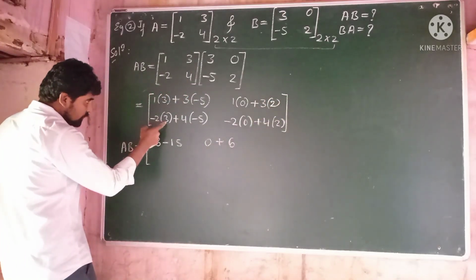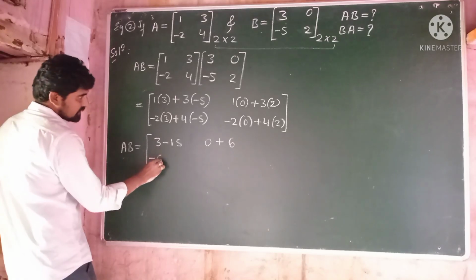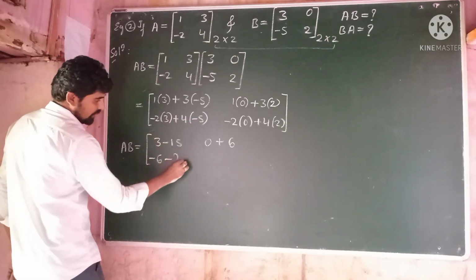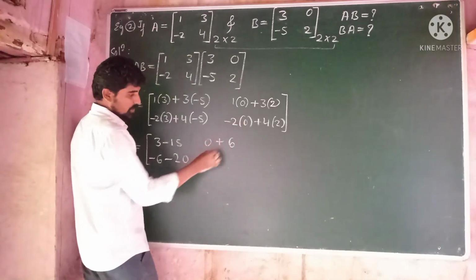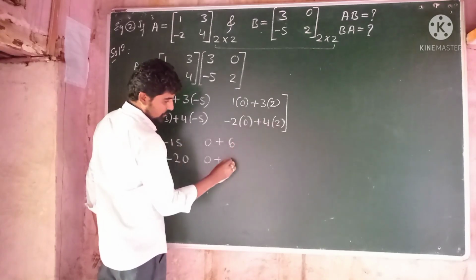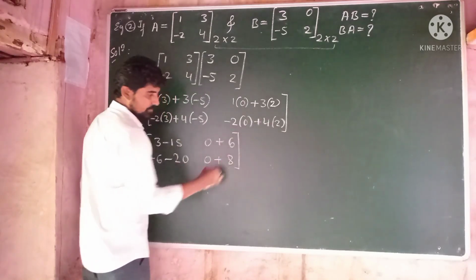And then minus 2 into 3, minus 6, plus into minus, minus 4 into 5, 20, minus 2 into 0, 0, plus 4 into 2, 8.